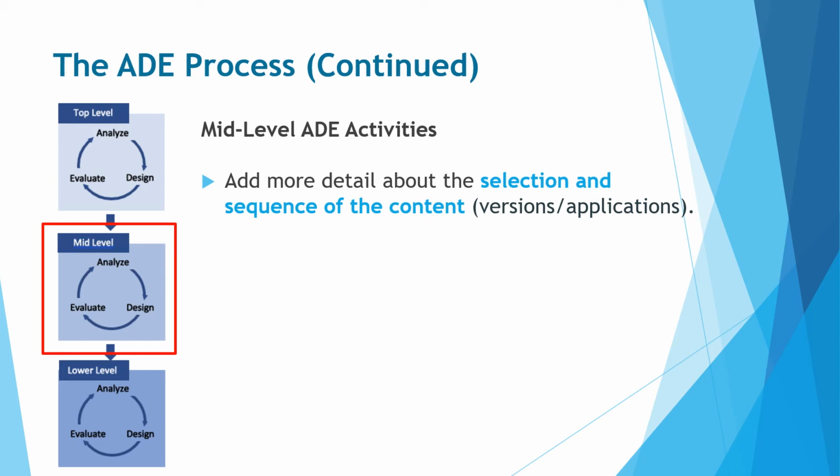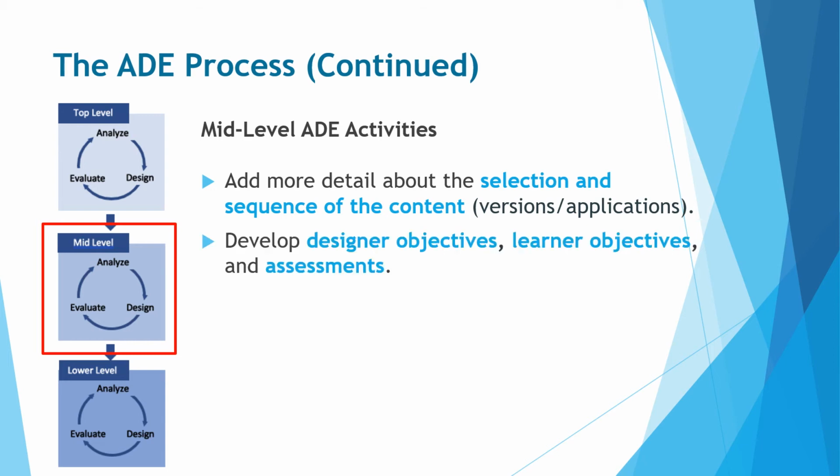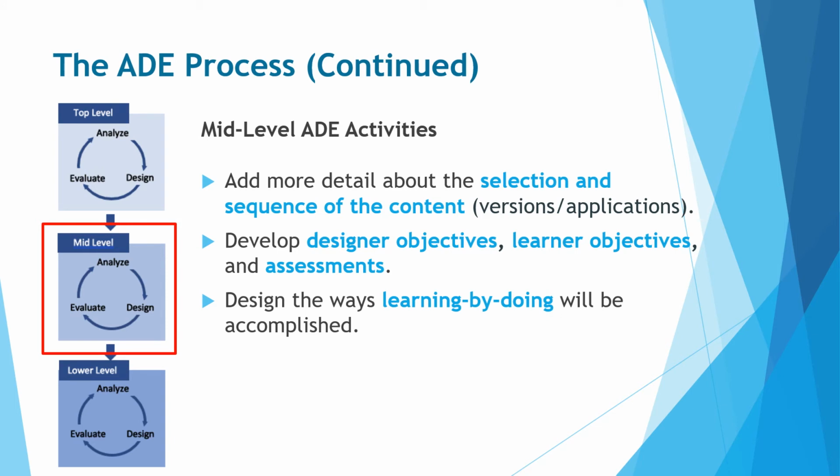Versions are identified for each task, and applications are identified for each topic. Next, designer objectives are developed, followed by learner objectives and assessments. Then you design the ways that learning by doing will be accomplished, again with different guidance for applications of topics than for versions of tasks.